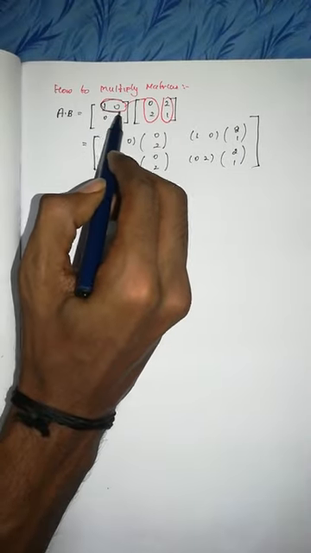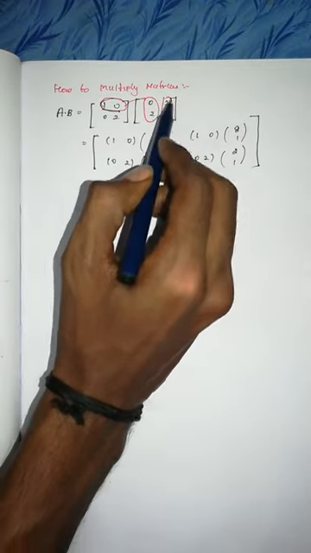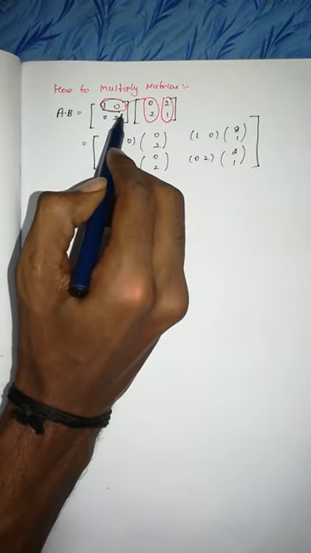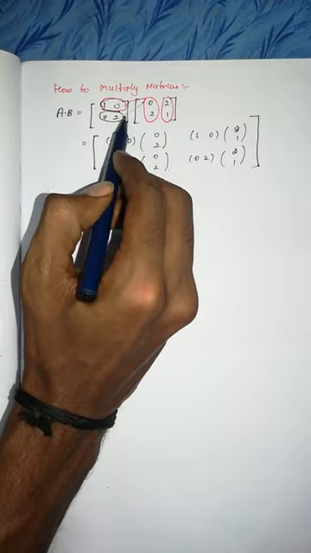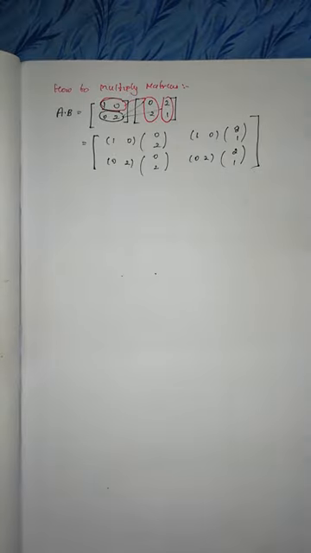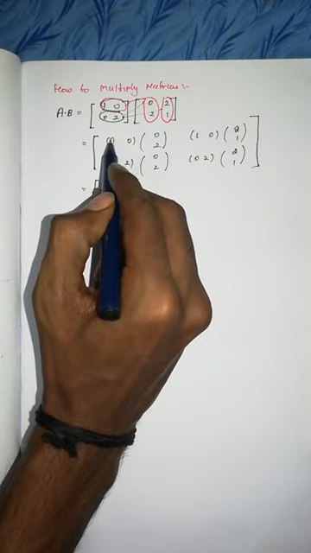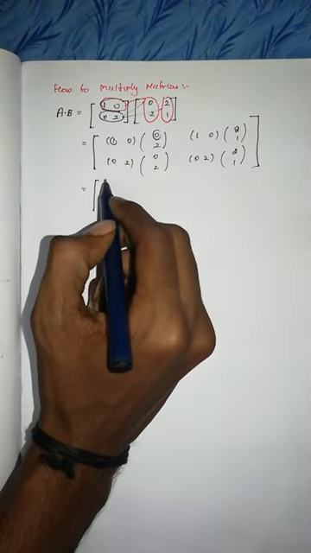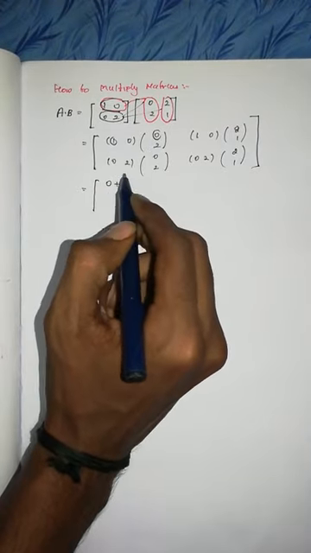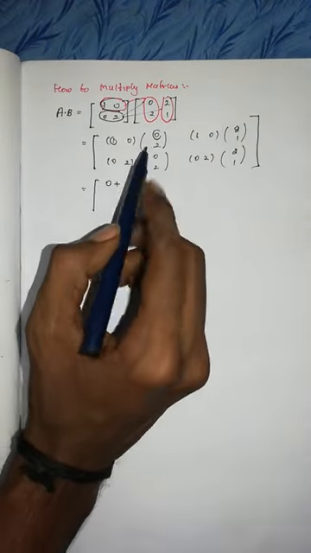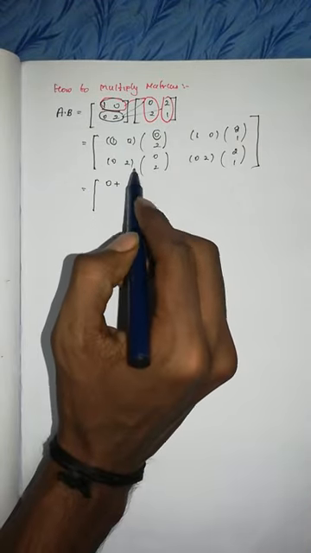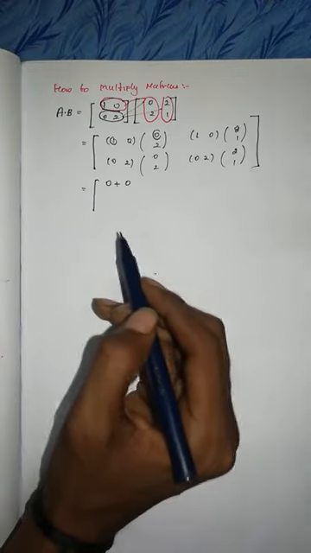Is it clear? First I take the first row and multiply with the two columns of the B matrix, and I take the second row, multiply with two columns of the B matrix. So first you multiply the first number and the first number, which is 1 into 0 is 0, plus, in between you have to put plus sign, 0 into 2 is again 0.